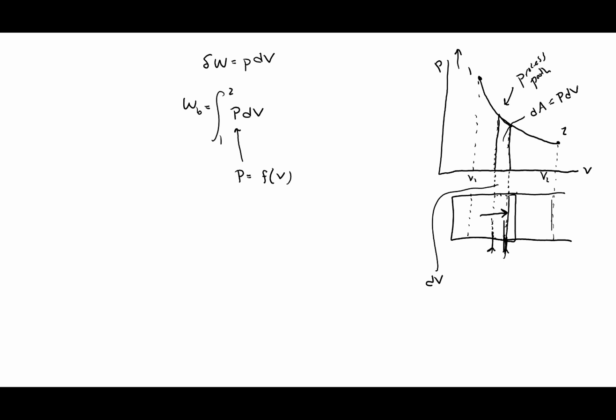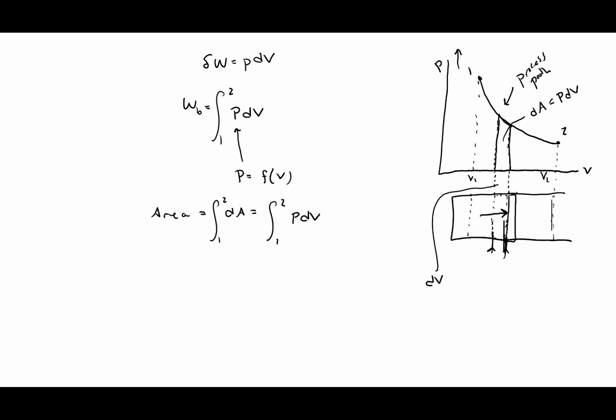So what we can do is we can say the area under the curve on the process diagram, from state 1 to state 2, dA is equal to the integral from state 1 to state 2 of PdV.